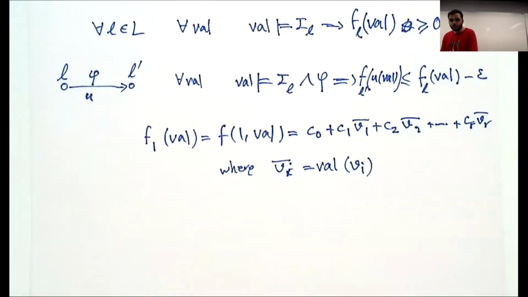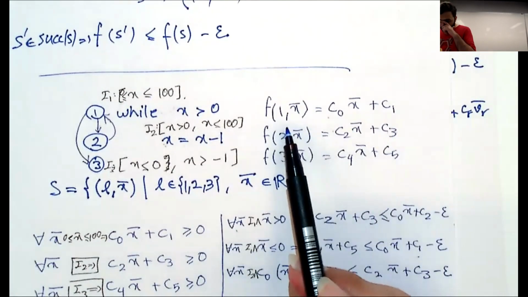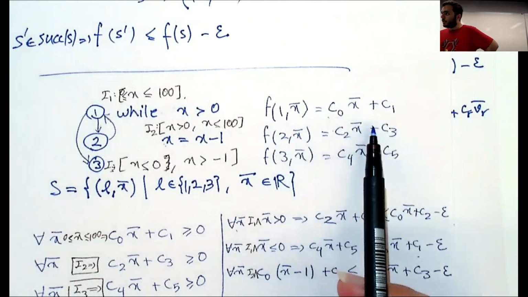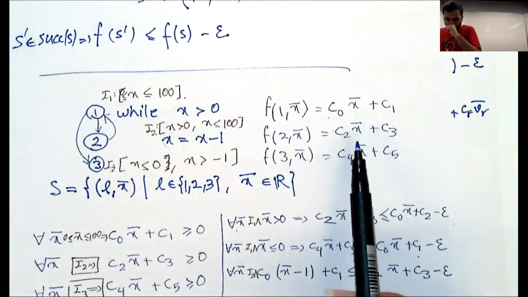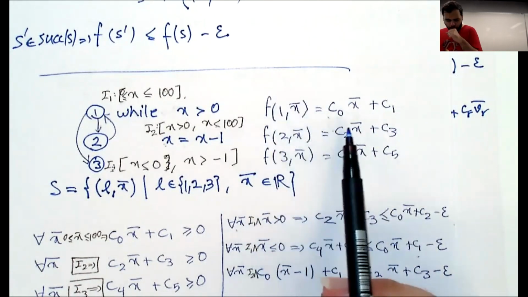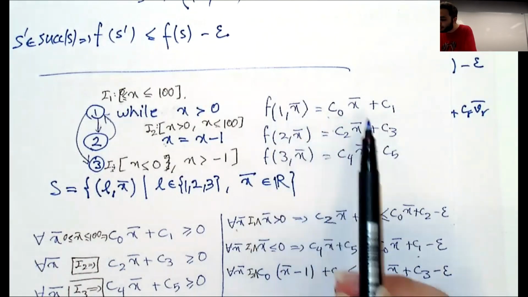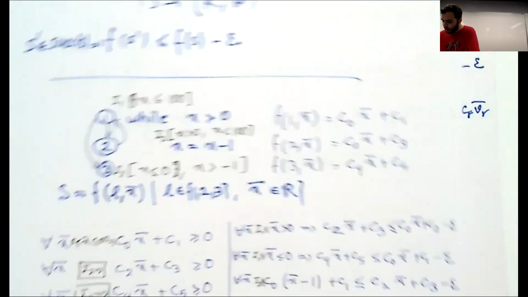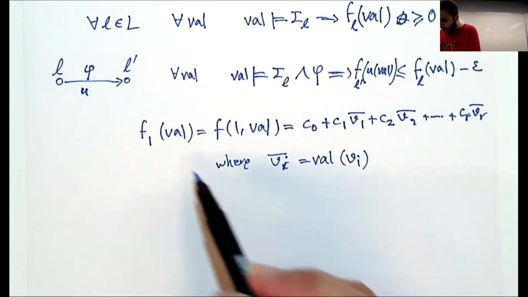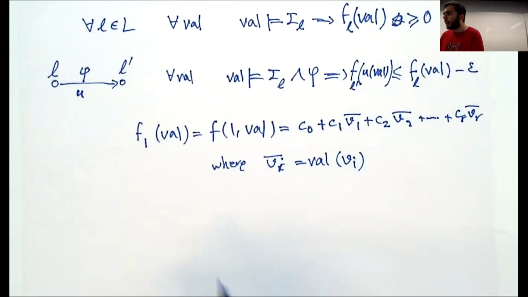So this is nothing more than what I have here. So at every line of code, I have a template like this that basically tells me how my ranking function should look. Yeah, this is for line 1, but I have the same thing for every line of code.